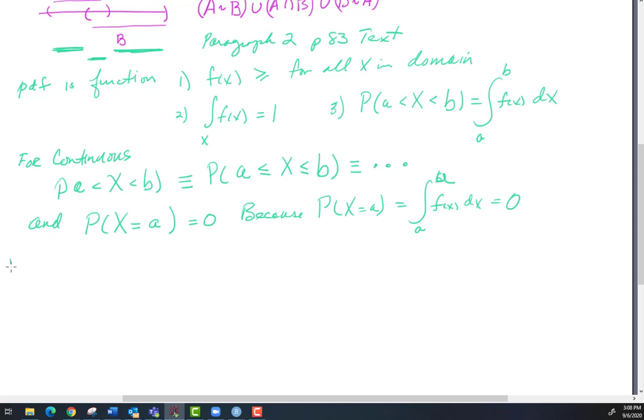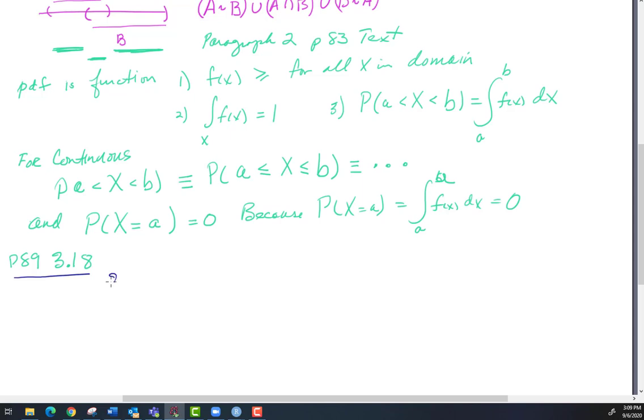Let's go to page 89 and look at example 3.18. And we're going to change colors here because I don't want to get bored with any particular color. So here in this problem, you can read the problem in your textbook.